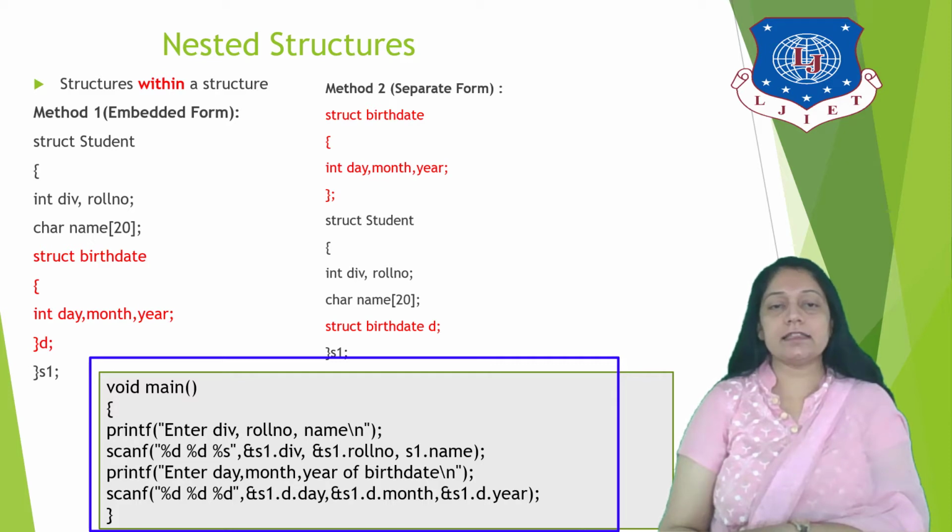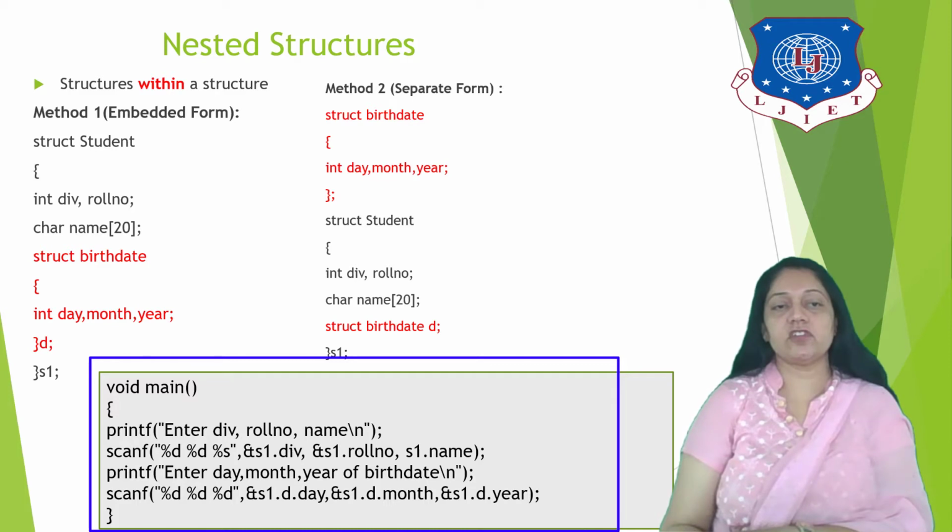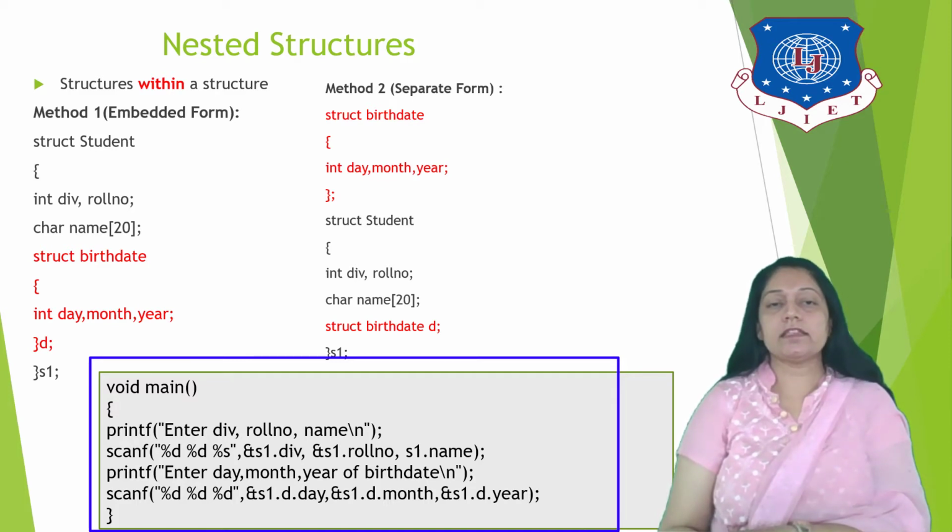Inside that we'll access D, so S1.D, and inside D we have member day, so S1.D.day, and before this we will put ampersand because we are using scanf, to pass the address of day. Similarly, if you want to access month, then we'll use the same methodology, S1.D.month and S1.D.year. So you can see in nested part we are using the dot operator twice.